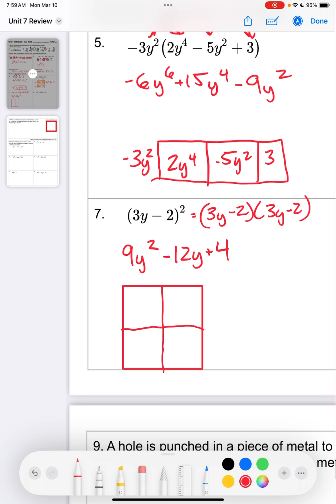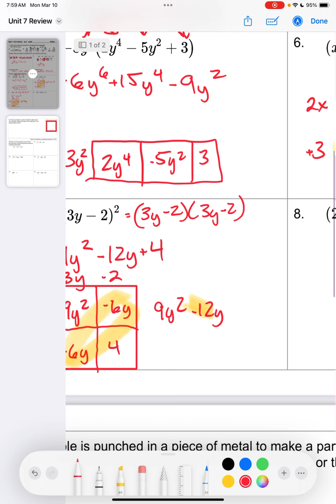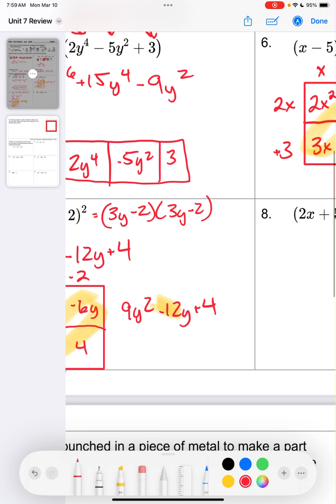If we use our box, 3y minus 2, 3y minus 2, 3y times 3y is 9y squared, 3y times -2 is -6y. We'll do that again, and then -2 times -2 is 4, giving us 9y squared. Again, remember these two will add together for -12y. And then plus 4.